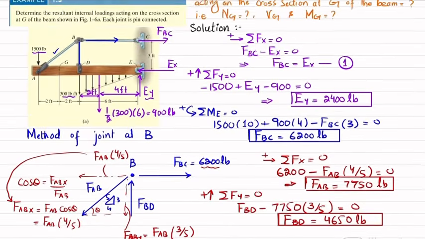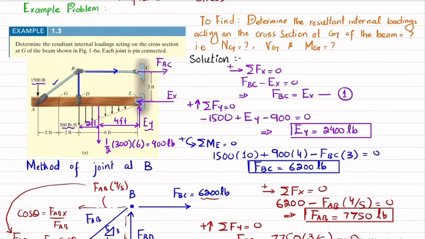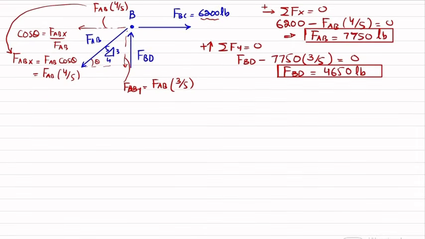Now you have these forces. So what we will do is cut this beam at point G and draw the free body diagram. It will be like this. One force is 1500 and another force will be FAB. In order to find the reaction forces, if I take the section at G, at point A we have a 1500 pounds load, and this is FAB, which is in this direction.